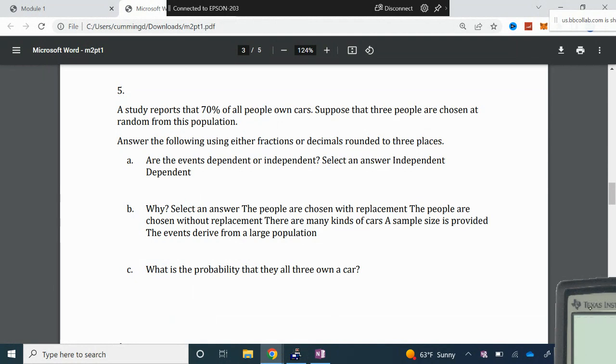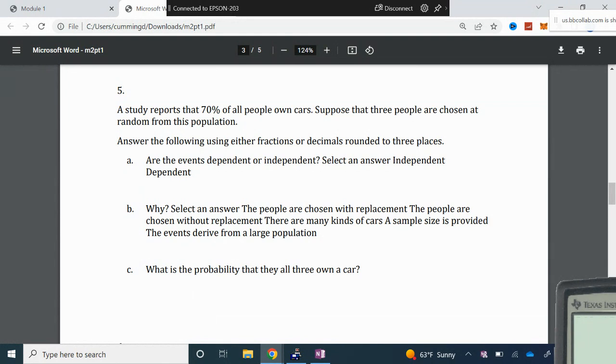The answer to why is that the events derive from a large population of people. That's what makes things sort of independent, because if you have a large population, then this person may not know this person, or this event doesn't affect the event of somebody, let's say in Alaska, doing a certain event. So the events derive from a large population. That's the reason why.